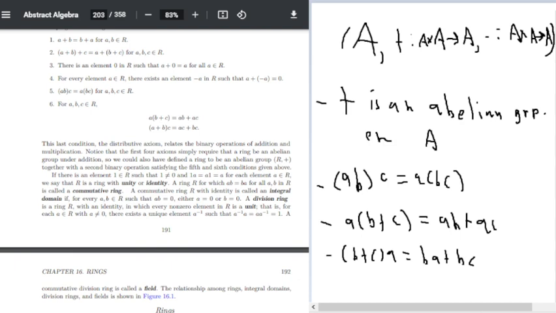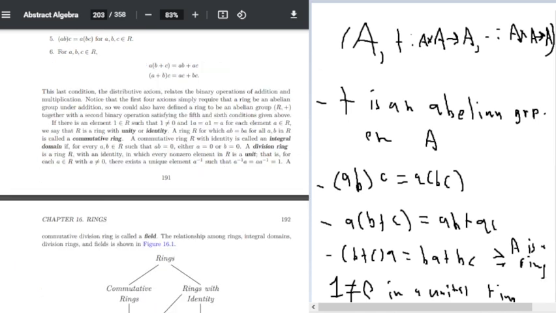If there is an element 1 in R such that 1 is not equal to 0, so 1 is not equal to 0 in a ring with unity.